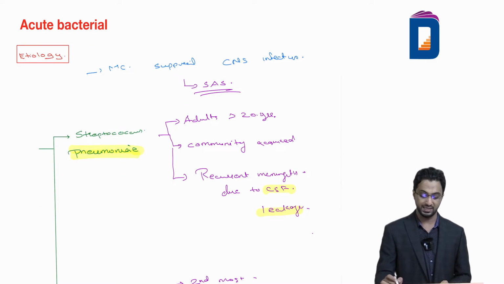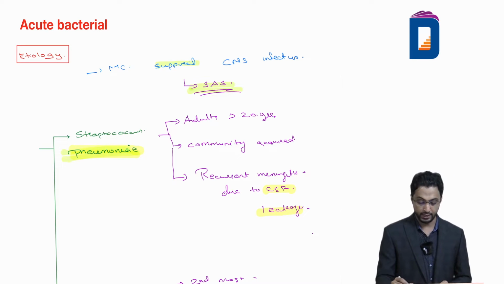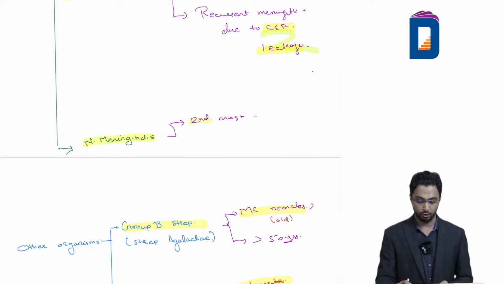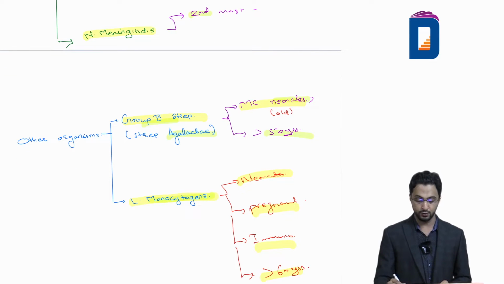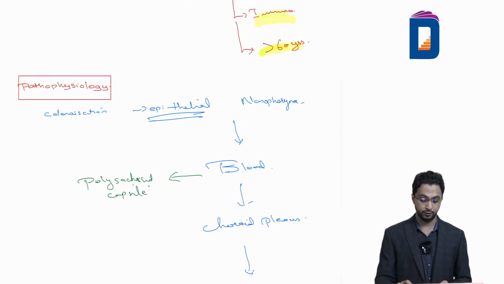Acute bacterial is the most common suppurative infection of the CNS, with suppuration seen in the subarachnoid space. Streptococcus pneumoniae: adults, community acquired, CSF leakage associated. Then Neisseria meningitidis is second most common. Other organisms: group B, Agalactiae, in neonates and those greater than 50. Listeria monocytogenes: neonates, pregnant, immunocompromised and greater than 60.